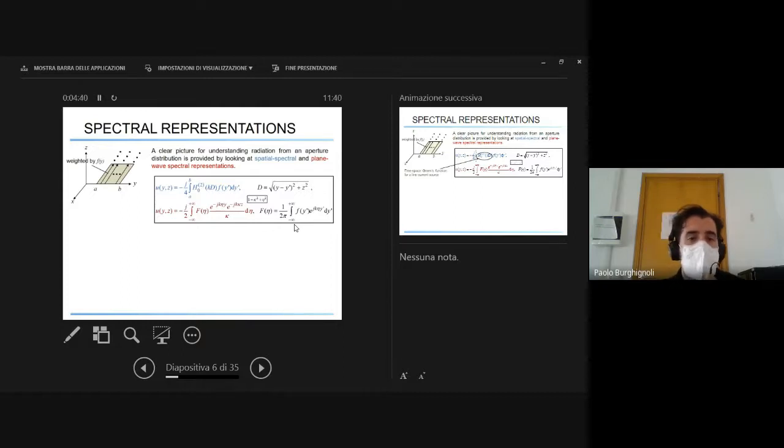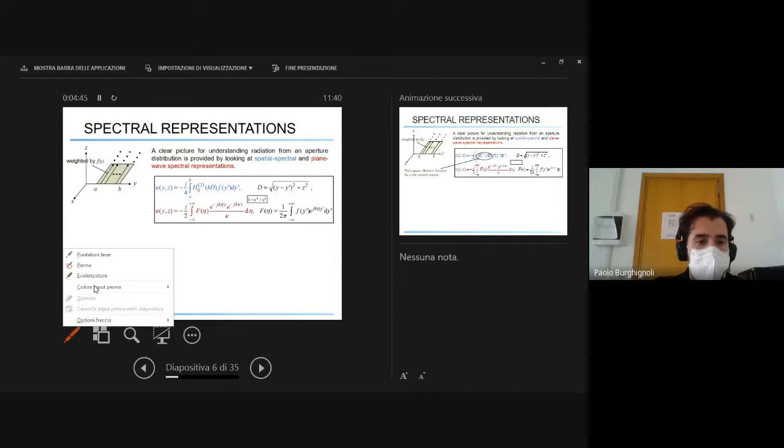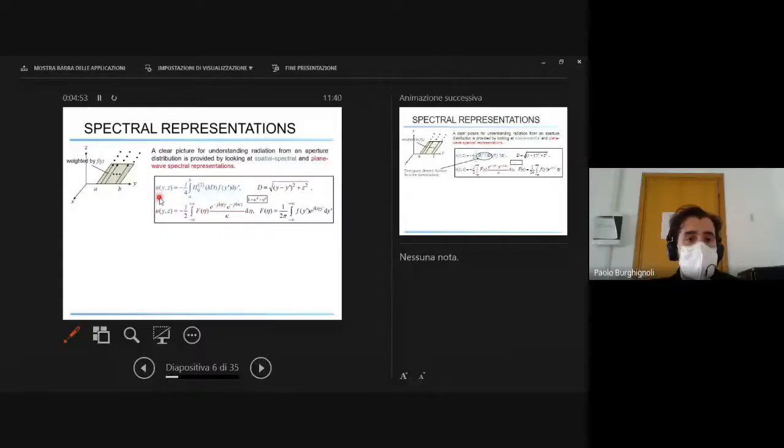Here you can find this representation of the field radiated by a linear array of line sources, given as a superposition along the spatial coordinate y of the Green's functions of this line source distribution along the x-axis.